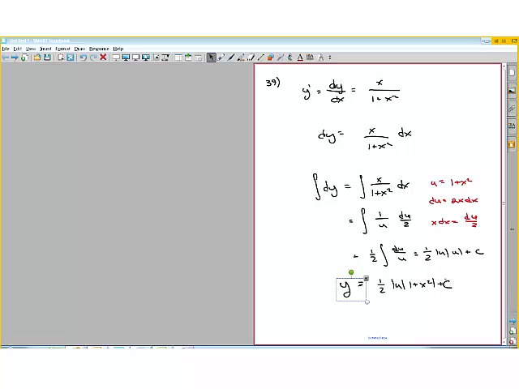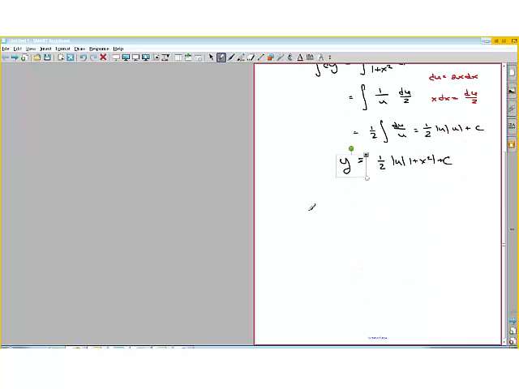It's general because we have an arbitrary constant c. To get a particular solution, we have to say y of some value of x is equal to something. So let's just do that. It's not in the problem, but just to illustrate, if I said that at x equals 0, y equals 3, you would put 3 on the left-hand side.